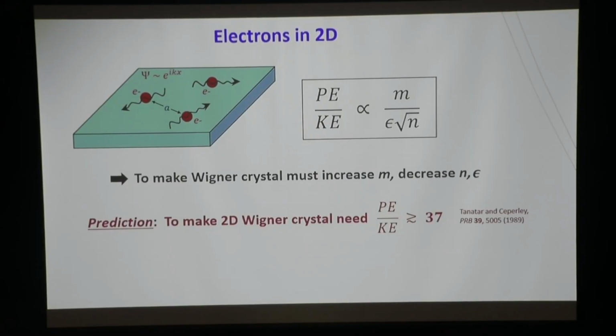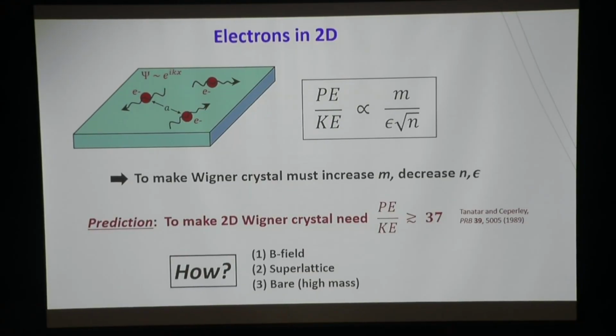So since I'm an experimentalist, my job then is to figure out how to make this ratio really big so that we can see this Wigner crystallization phenomenon. And we're not the only ones to do it. Lots of experimentalists for many decades have been studying this.